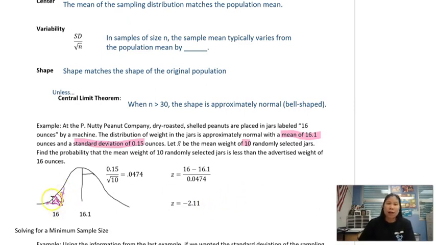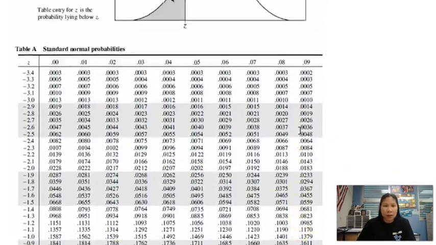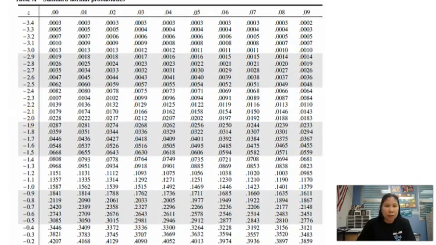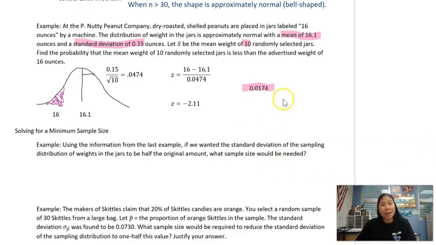Since it's an area to the left, whatever percentage I get would be my answer. So let me scroll down. Negative 2.11 is right here. So 0.0174 or 1.74%.